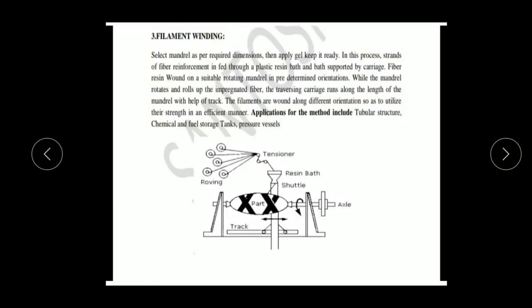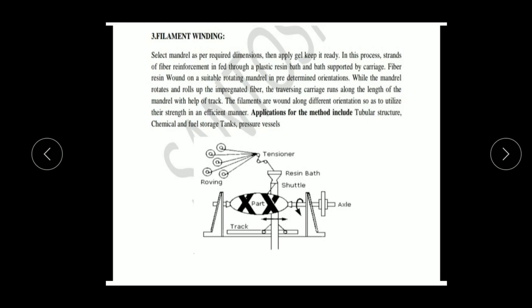Okay dear students, as we can see on the slide, this is one more technique which is called the filament winding process to produce fiber components. The first step is to select the material as per the required dimensions, then apply the gel and keep it ready. In this process, the strands of fiber reinforcement are fed through a plastic resin bath, supported by the carriage. The fiber resin is wound on a suitable rotating mandrel in a predetermined orientation, while the mandrel rotates and rolls up the impregnated fiber.